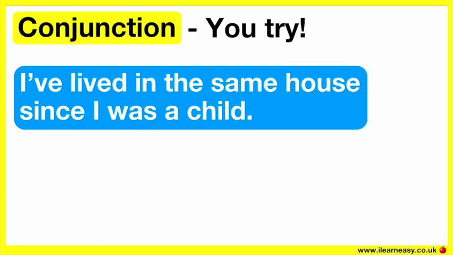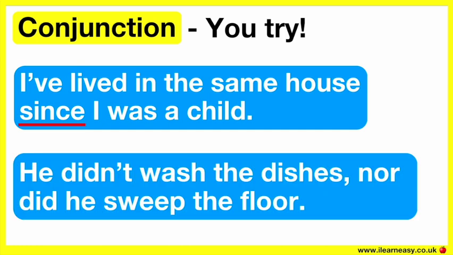I've lived in the same house since I was a child. The conjunction in this sentence is since. It's a subordinating conjunction. He didn't wash the dishes, nor did he sweep the floor.